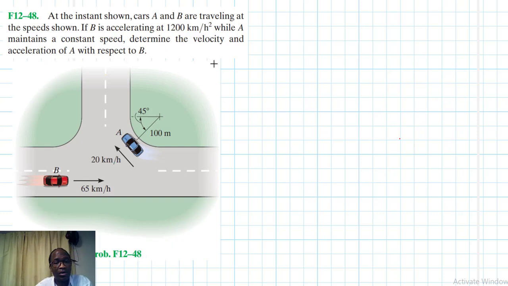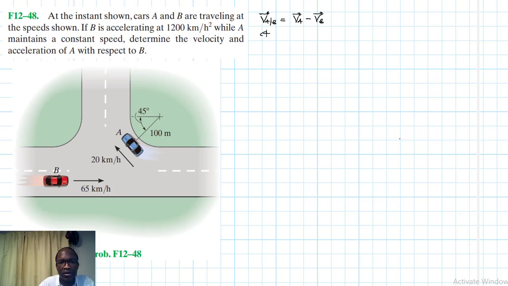In this particular problem, we have been asked to determine the velocity and acceleration of A with respect to B. Writing it as a vector, V A stroke B is equal to VA minus VB. VA and VB are absolute velocities.